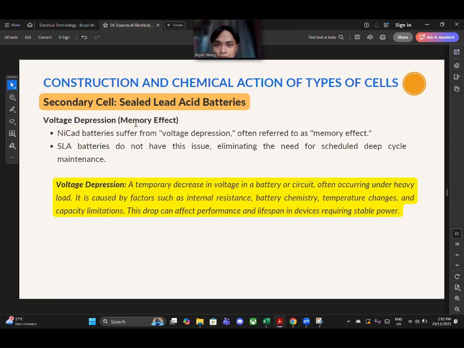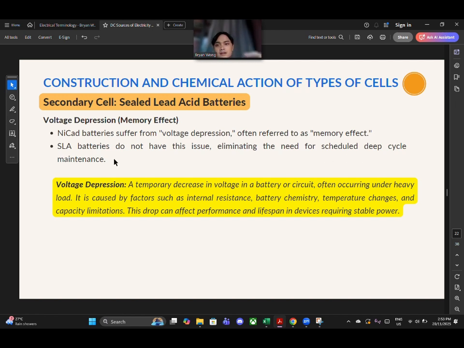We're still in sealed lead acid batteries. Next is voltage depression, also known as memory effect. Nickel cadmium batteries suffer from voltage depression, often referred to as memory effect. Sealed lead acid batteries do not have this issue, limiting the need for scheduled deep cycle maintenance.